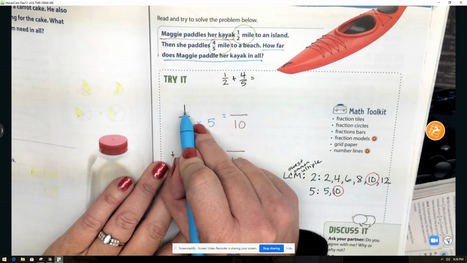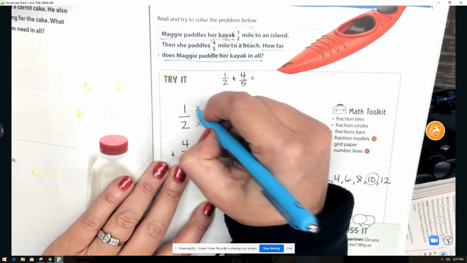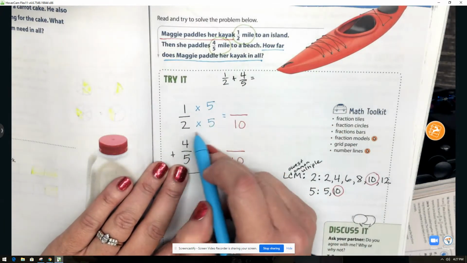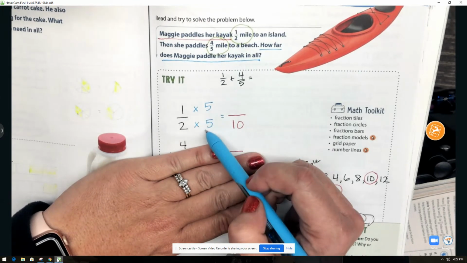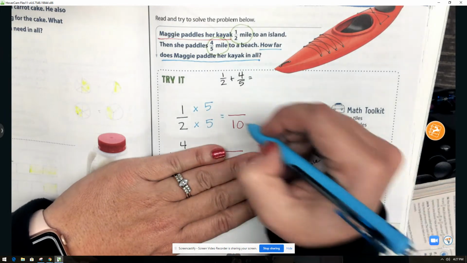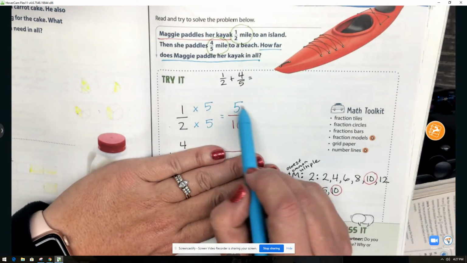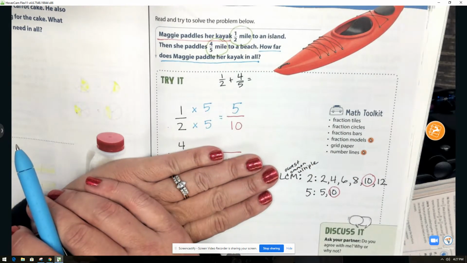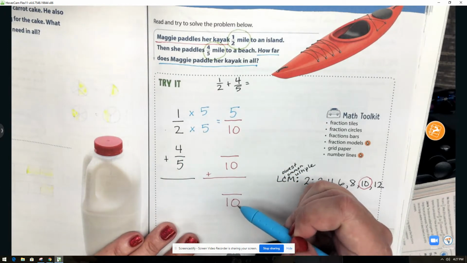Whatever we multiply the denominator by, we also multiply the numerator by. We have to multiply both by the same number to keep the fraction equivalent. So 1 times 5 is 5. So 1/2 is the same as 5/10. And we know this because 5 is half of 10. So now we're going to try and find an equivalent fraction for 4/5.